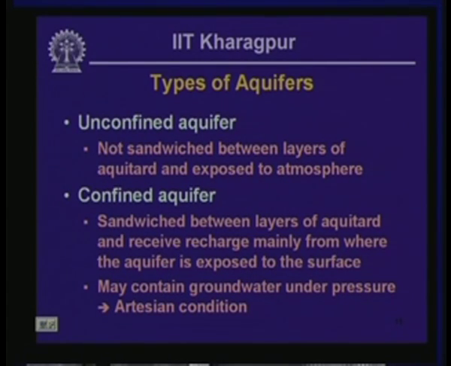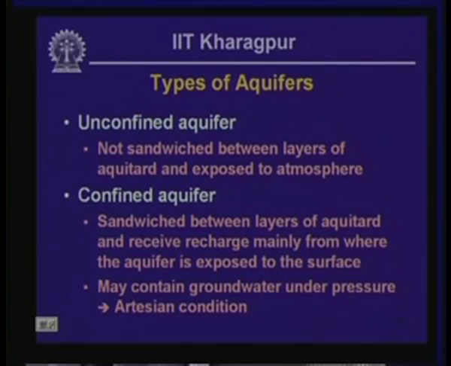Okay. Now we consider the types of aquifers. As we have learned from the previous portion of this lesson, an aquifer is essentially a saturated mass of subsurface formations, soil or rock, which conducts groundwater flow relatively easily. Aquifers are essentially of two types. One of them is called an unconfined aquifer.